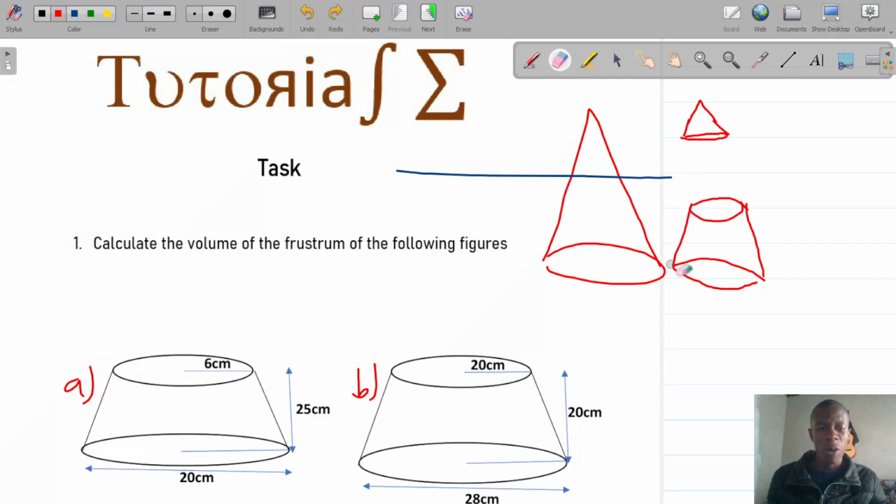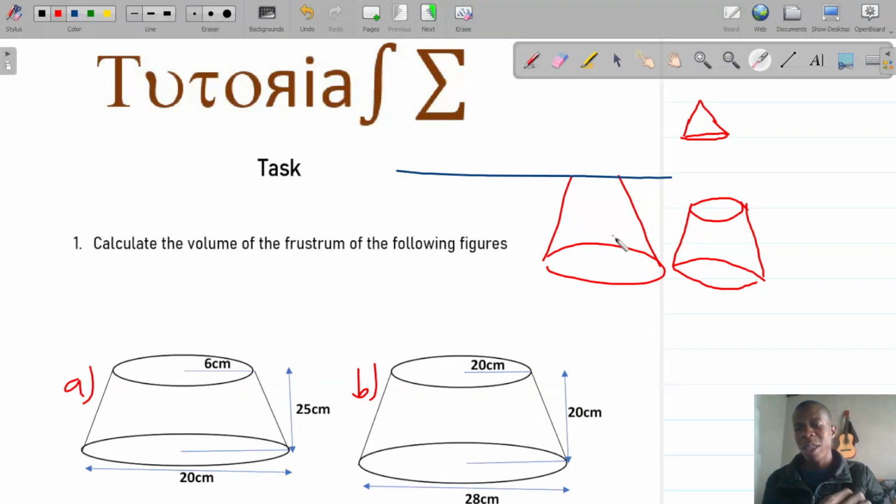To get the volume of a frustum, you find the volume of the original shape. Then from the original shape, you subtract the volume of the top part that was cut, and you're going to remain with the volume of the frustum.